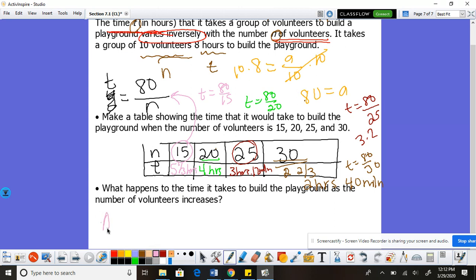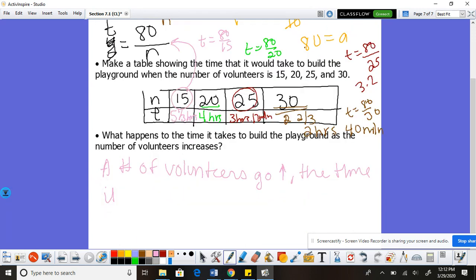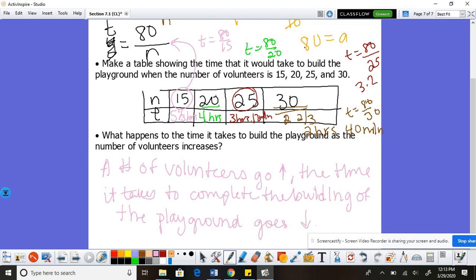Well, as the number of volunteers goes up, the time it takes to complete the building of the playground goes down. All right, that's all for this section.